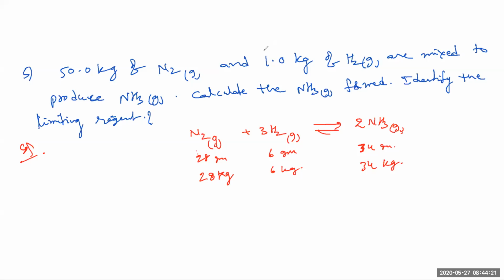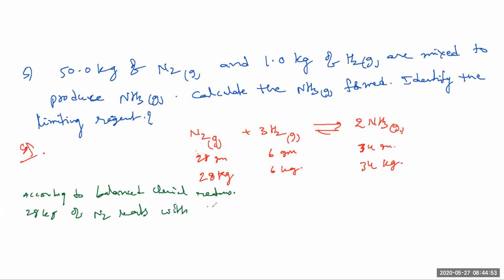According to the balanced chemical reaction, 28 kg of nitrogen reacts with 6 kg of H2 to give 34 kg of NH3.